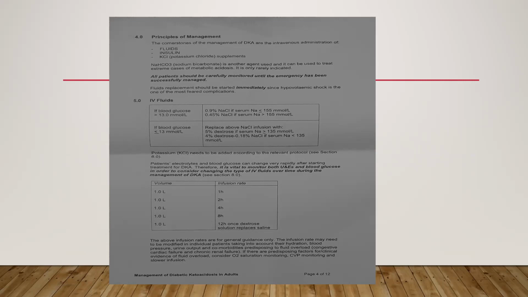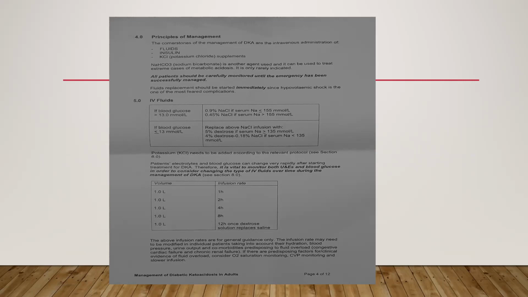In terms of the volume, it's always 1 liter, and in terms of the infusion rate, the first liter goes in the first hour, the second liter over 2 hours, the third liter over 4 hours, and the fourth liter over 8 hours.